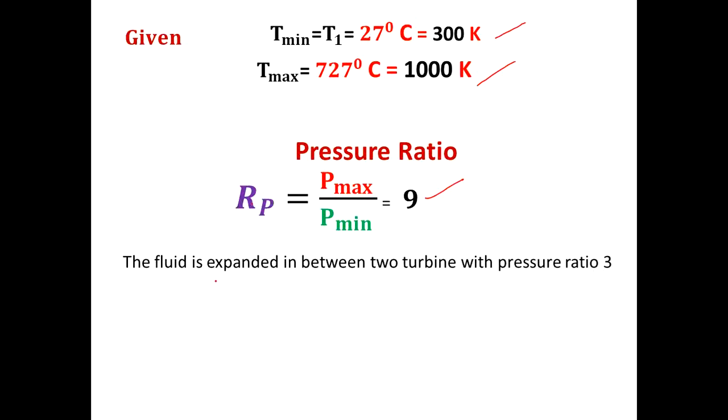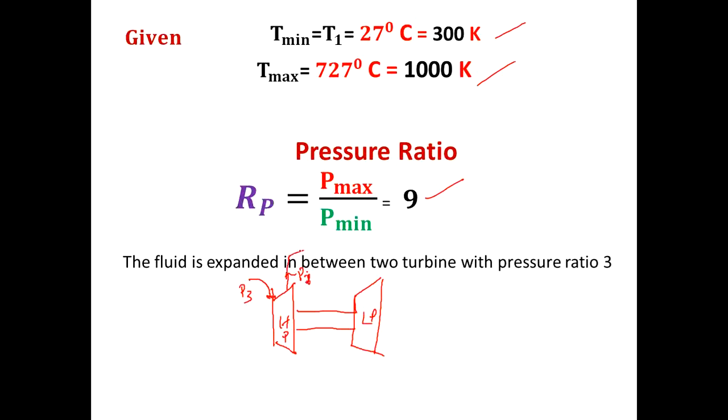You please observe here, you have the high pressure turbine. You have the low pressure turbine, high pressure turbine. Fluid comes here with the pressure P3, and then falls to the intermediate pressure Pi.